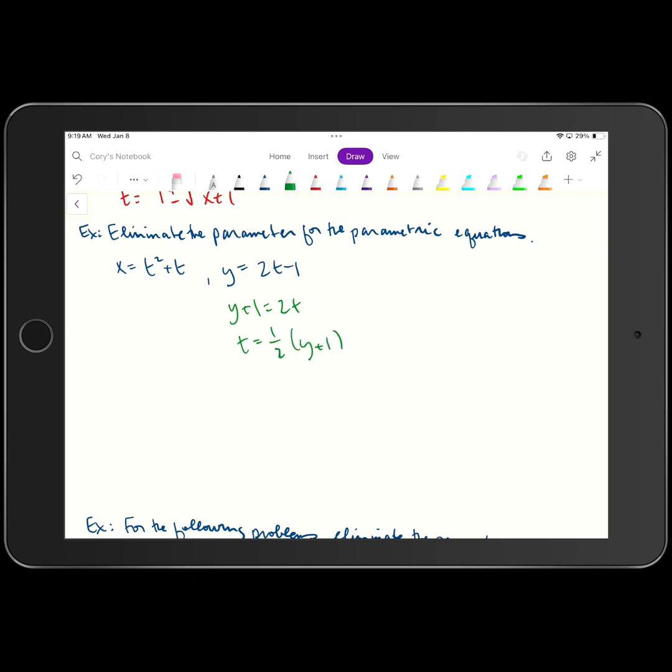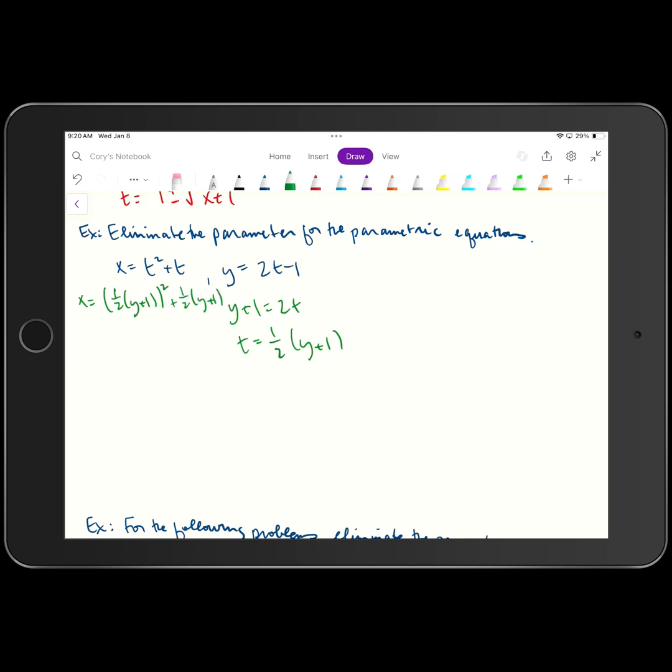Okay, so once we've solved for t in one equation, we're going to substitute for t in the other equation. So when I plug the quantity 1/2 times y plus 1 in the place of t, we're going to get the quantity 1/2 times y plus 1 squared plus 1/2 times y plus 1.